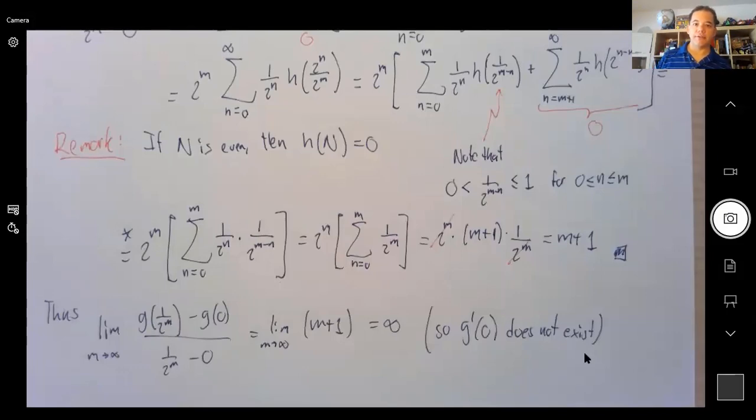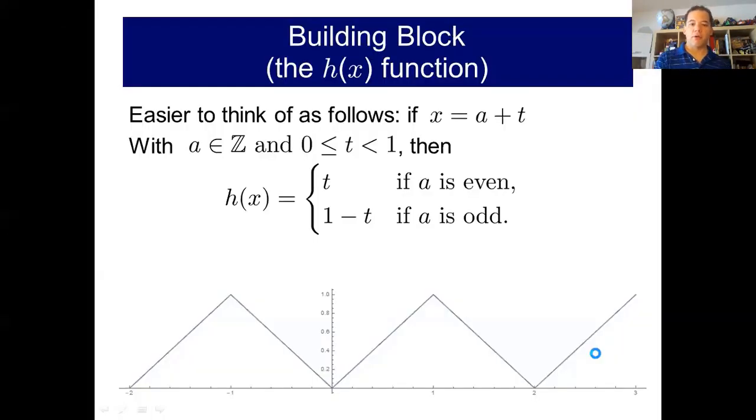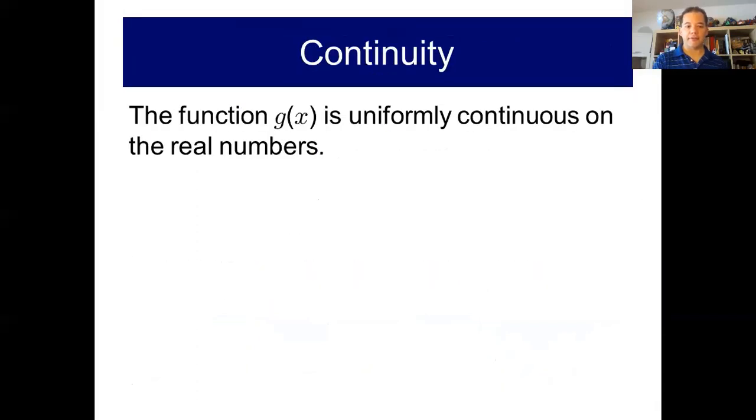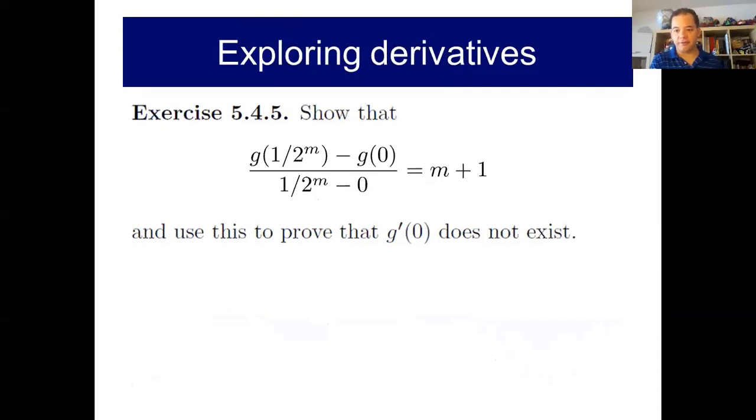Good. So let's go back to our slides and continue on our quest, right? So 1 point done, and infinity of them left. So we have shown that the derivative at 0 doesn't exist. Okay, that's 1 point. Actually, we have done more than that because our function is periodic, right?